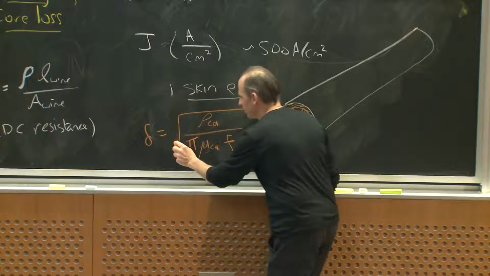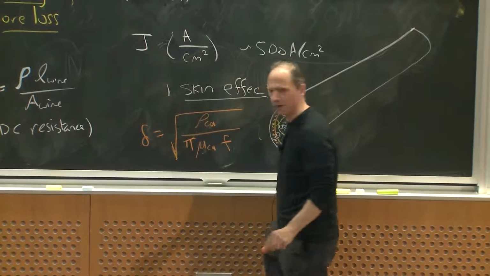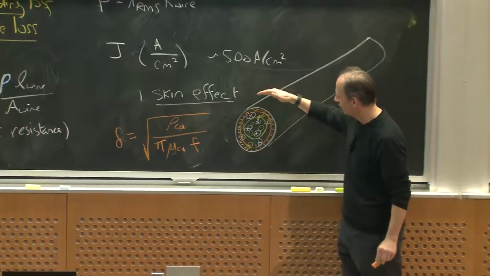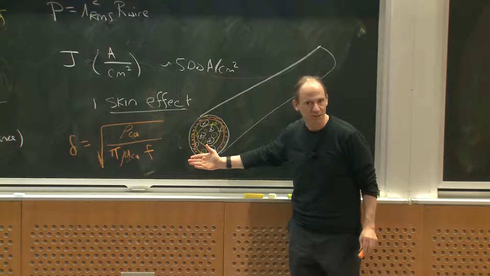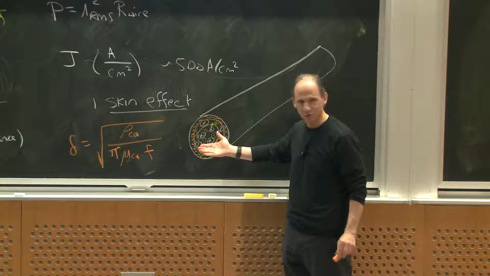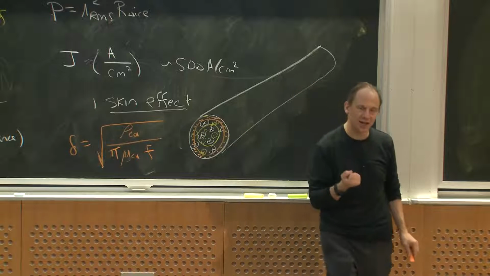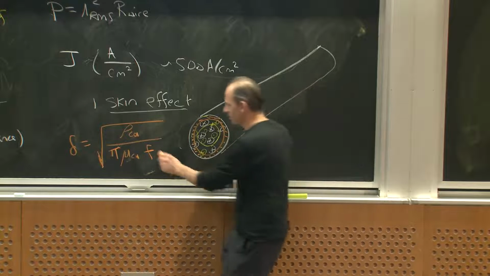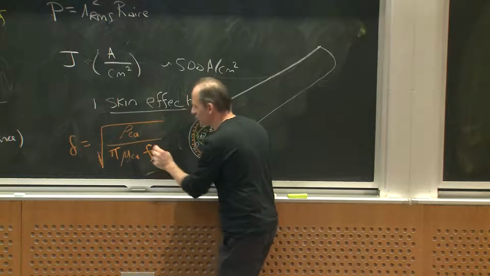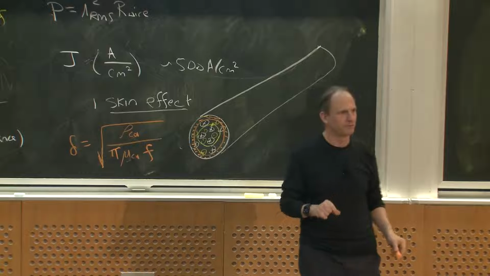This skin depth is a characteristic length that says how quickly the fields and currents fall off inside the wire. You've probably done this analysis before in an electromagnetics class. Notice that this is a function of frequency. The skin depth decreases as 1 over the square root of frequency.